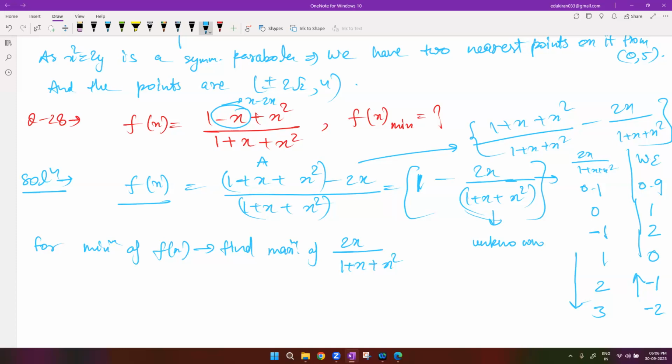If you want to minimize f(x), then maximize this. If you are subtracting 2x upon 1 plus x square from something, then the bigger the number you subtract, the smaller the value you get, right? That is why we can find the maximum of this.